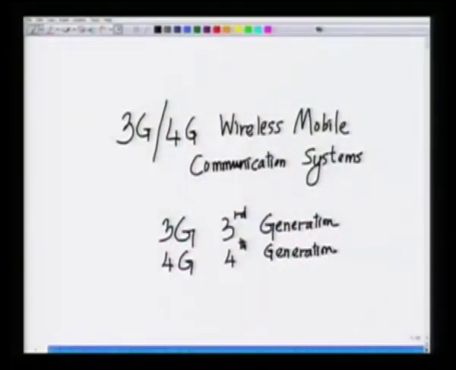So, this course is about 3G and 4G wireless communication systems, that is third generation and fourth generation wireless communication systems. To get a better idea of what 2G, 3G and 4G systems are, let us start with a brief description of the current second generation systems, so that we understand the nature of the systems that we are using and the upcoming ones, and then we can proceed on to learn more about the upcoming third generation and fourth generation wireless systems.